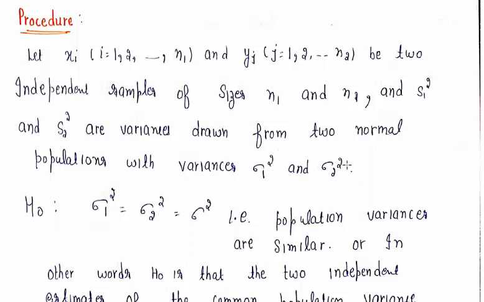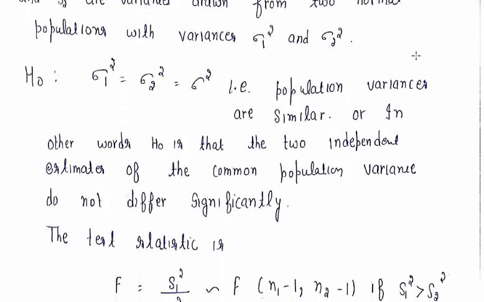So to apply this test, first we suppose we have two samples. In the first sample there are n1 observations, and in the second sample there are n2 observations, and s1 square and s2 square are the variances of the samples, and sigma 1 square and sigma 2 square are the variances of the populations. So we set up the null hypothesis that sigma 1 square equals sigma 2 square equals sigma square.